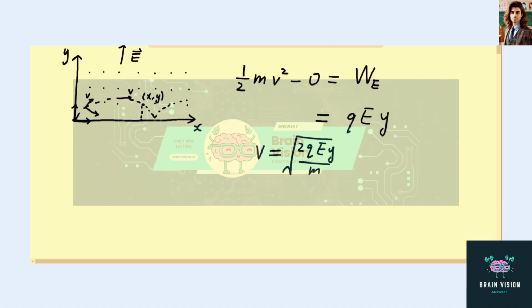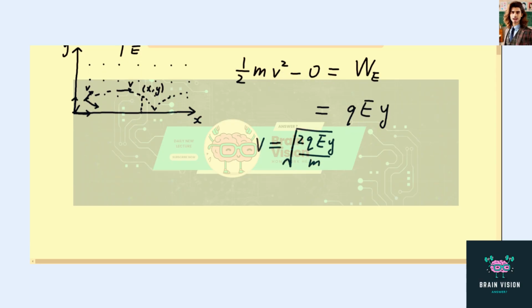And for part C, we need to apply Newton's second law at the top point to show that the speed at this point is 2E over B. So at the top point, the Lorentz force minus the electric force should be supplying the centripetal force.